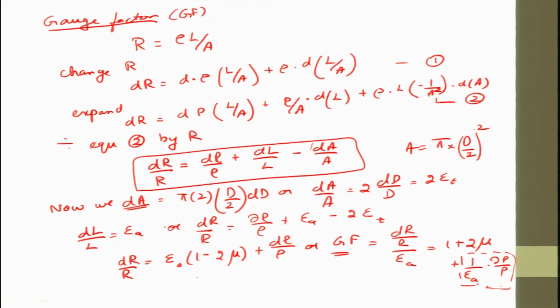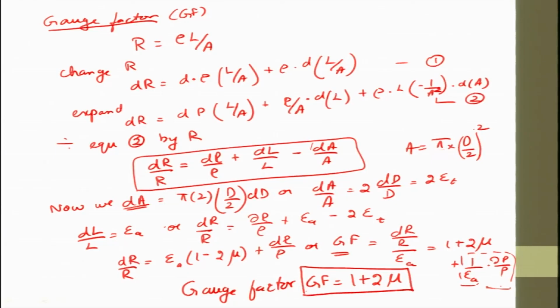So, we can get gauge factor GF equal to 1 plus 2 times Poisson's ratio. This is a factor which is very important when we start reading strain gauges. Thank you.